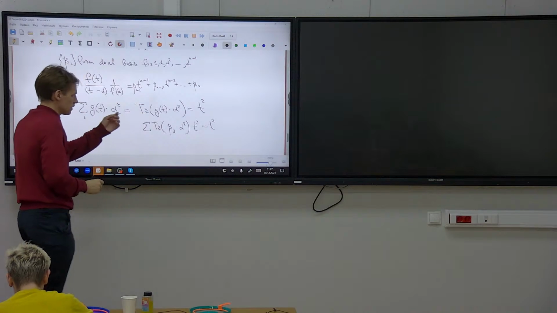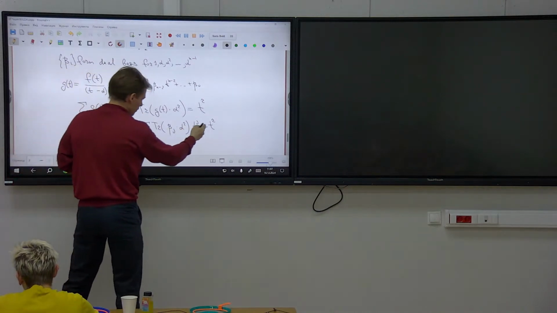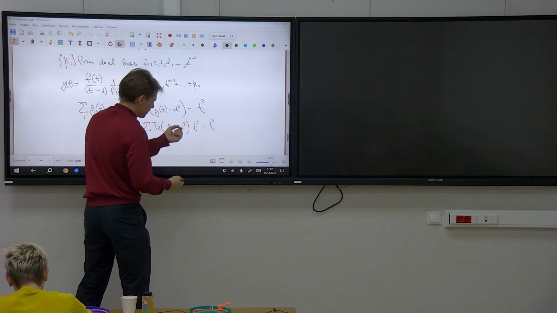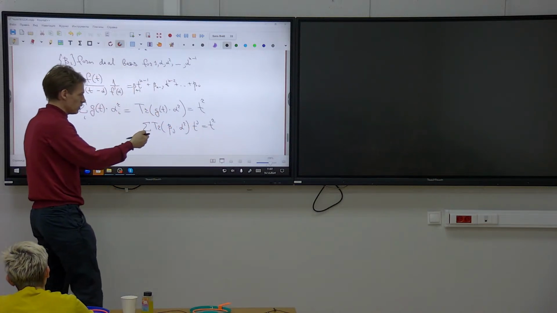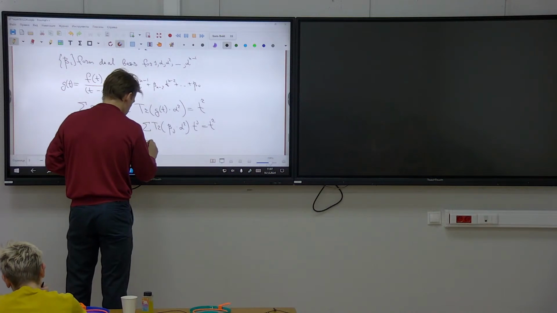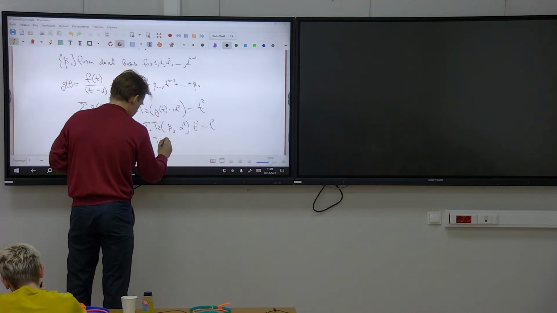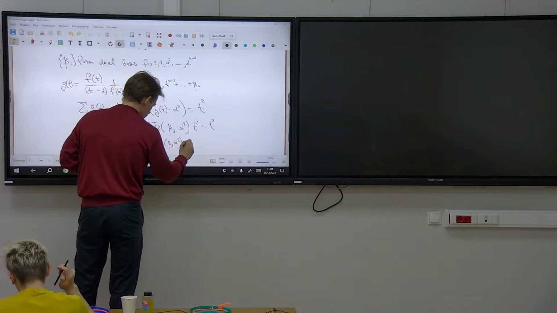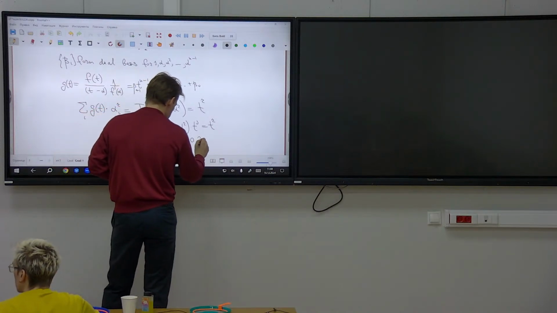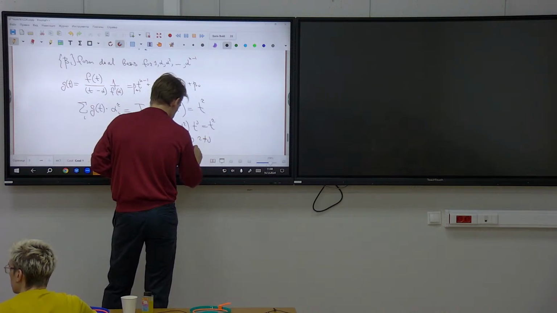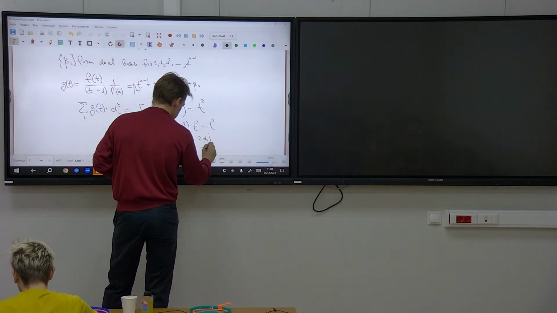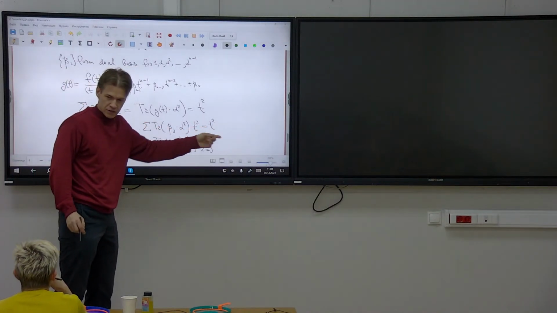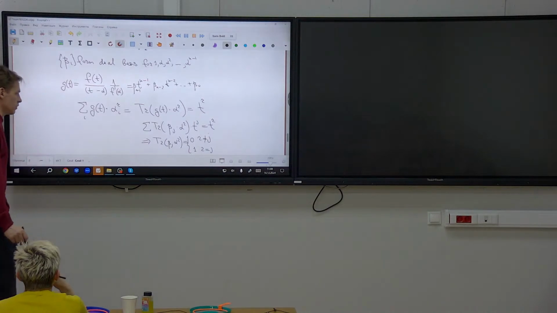Yeah, so this means that the answer is non-zero precisely when r equals j. So the trace of beta j alpha r is equal to 0 if r is not equal to j, and is equal to 1 when r is equal to j. So this is the Kronecker delta.